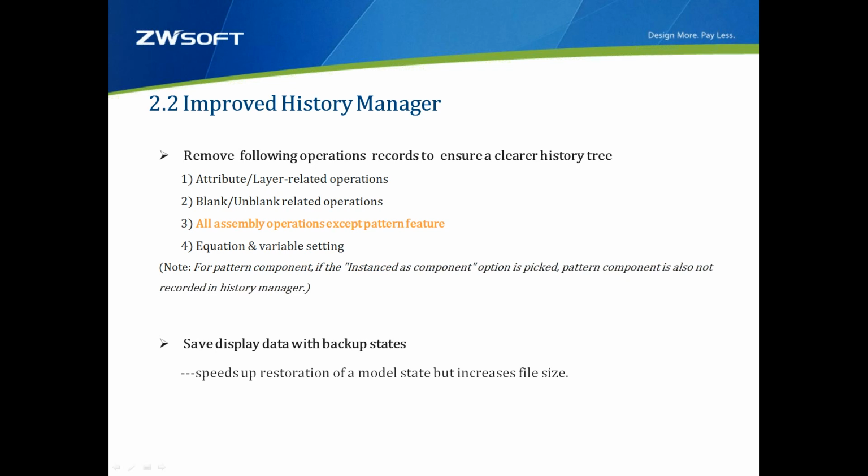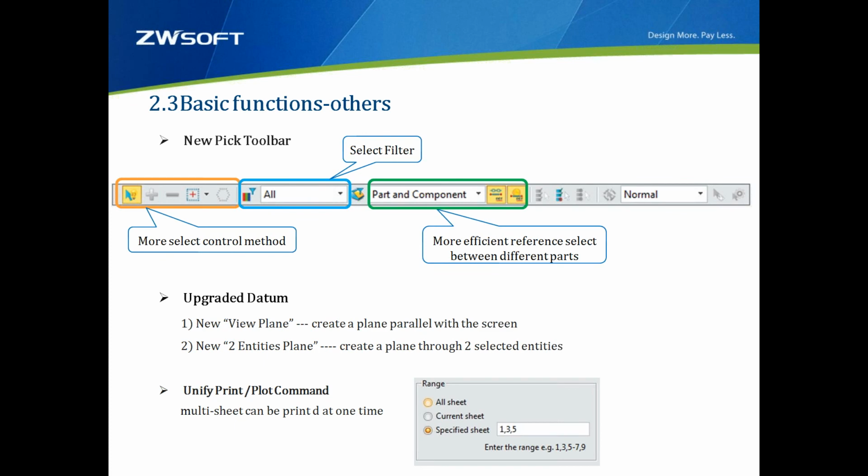Also, and this is very important, except for the pattern component, all assembly operations are removed from the History Manager, such as inserting a component, adding an alignment, or mirroring, copying, or moving a component. All these assembly operations are not recorded in the History Manager. The History Manager just records the modeling process, so it becomes clearer and more efficient.